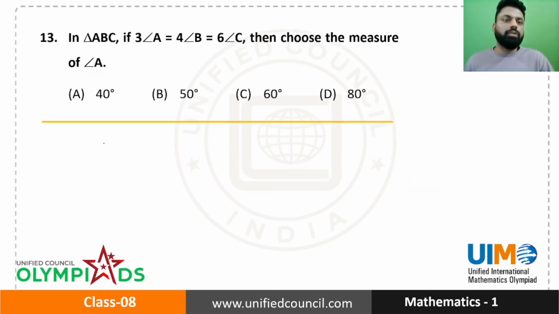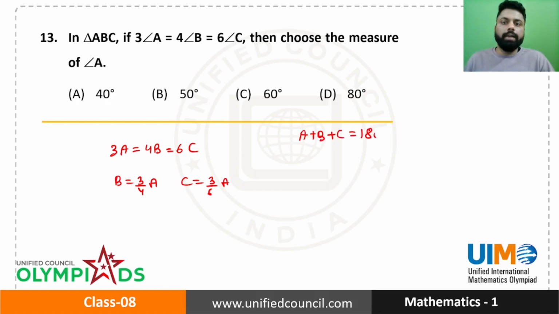In the triangle, 3A is equal to 4B is equal to 6C. So B is equal to 3 upon 4A and C is equal to 3 upon 6A. A plus B plus C is equal to 180 degree.